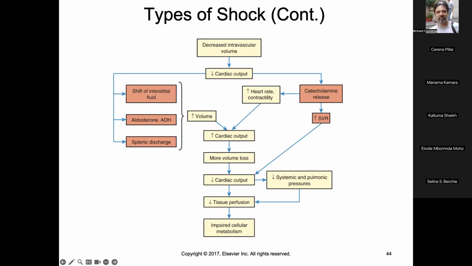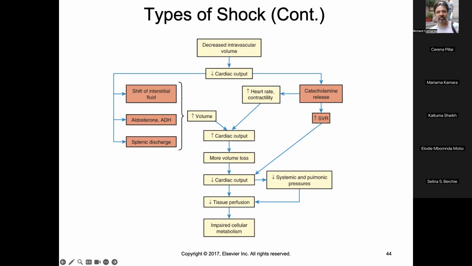Decreased intravascular volume results in a drop in cardiac output. Okay. This can be either as a result of shift of interstitial fluid, or the result of a reduction in the production of aldosterone and ADH, okay, which is going to reduce fluid volume, and can result in reduction in splenic discharge.